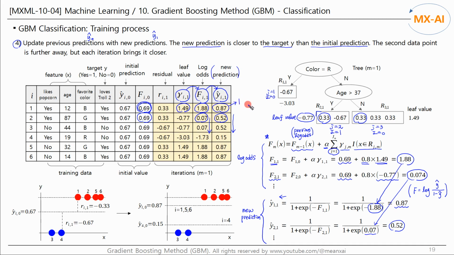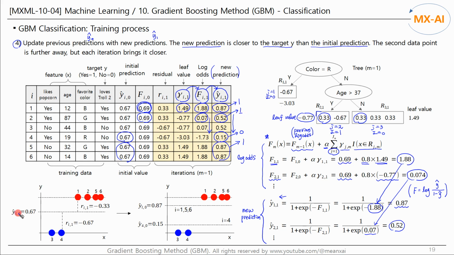And the new y hat of the fourth data point is 0.15, which is closer to 0 than the initial prediction of 0.67. And the fifth and sixth are also closer to 1 than the initial prediction. For the second data point, it was a little further from 1, but will get closer to 1 as the iteration progresses.